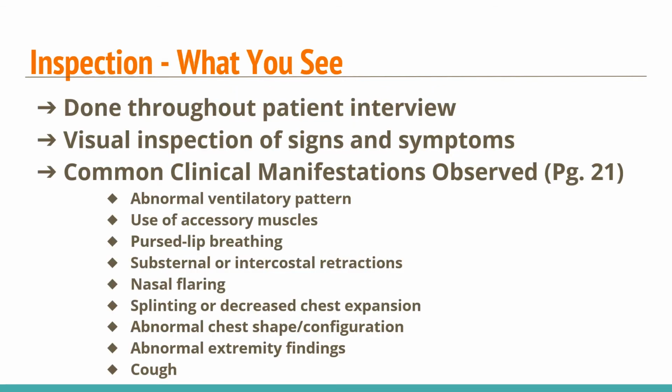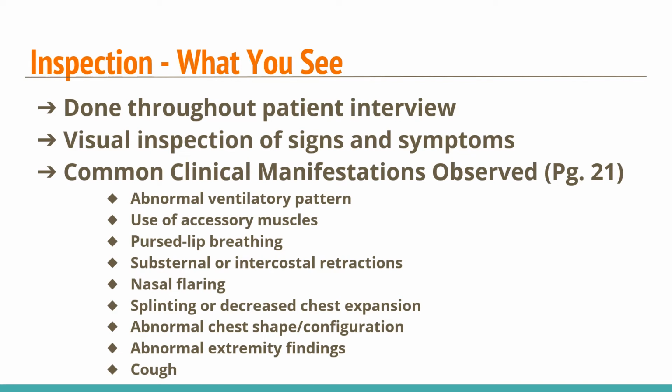So some of the things that we should be looking for: we're obviously looking for some abnormalities. Are we seeing accessory muscle use, a weird ventilatory pattern? Is the patient pursed lip breathing? So this will also be on your MRE. And these go over on page 21 in Desjardins, the brownish purple book.